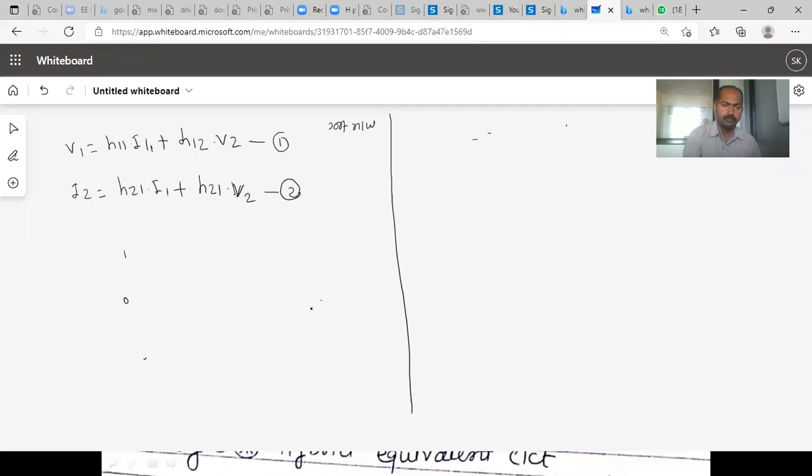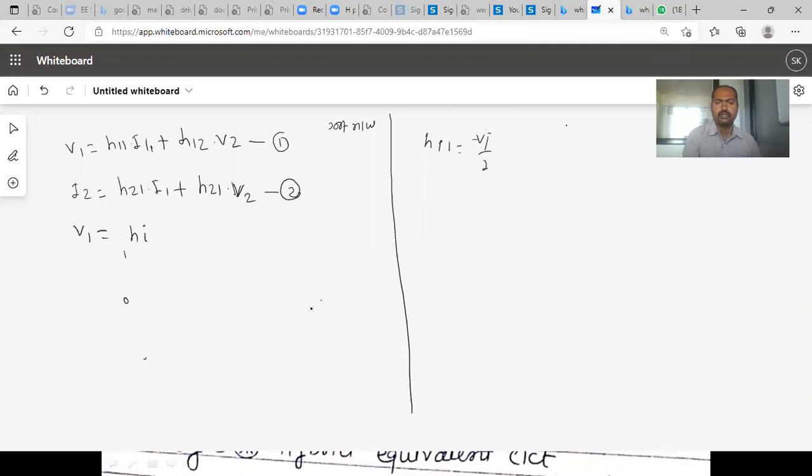With respect to the particular parameter, V1 is equal to H11. H11 is nothing but HI. Did you understand the same thing? Because H11 is nothing but V1 upon I1.